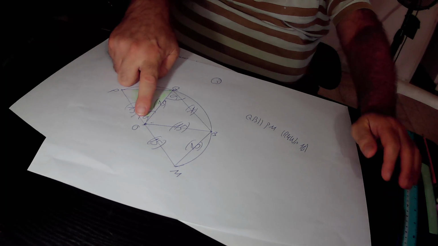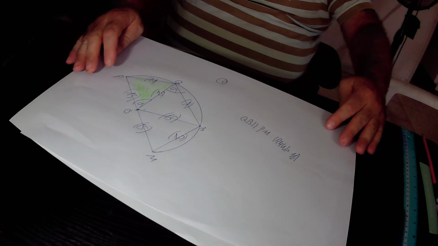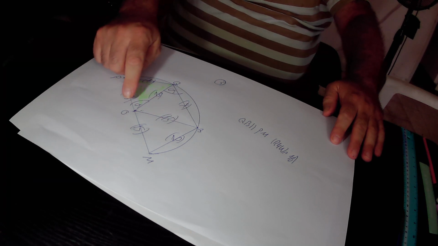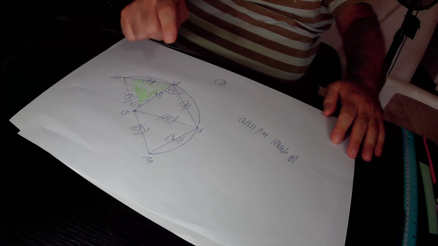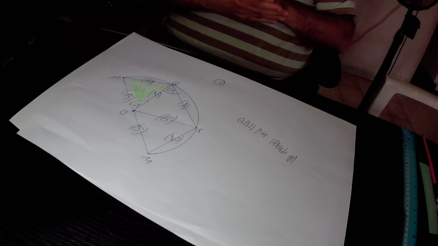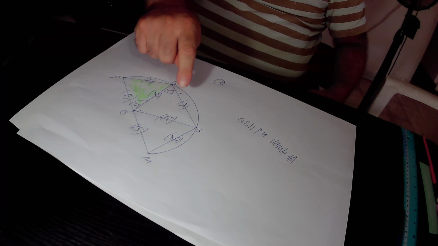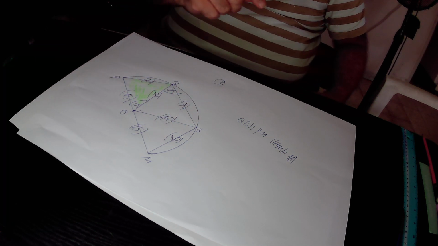Point O is the center of this semicircle. OP equals OM equals OQ equals OB. The area of this semicircle is equal to 15 units. PQ equals 10, MB equals 10 also.